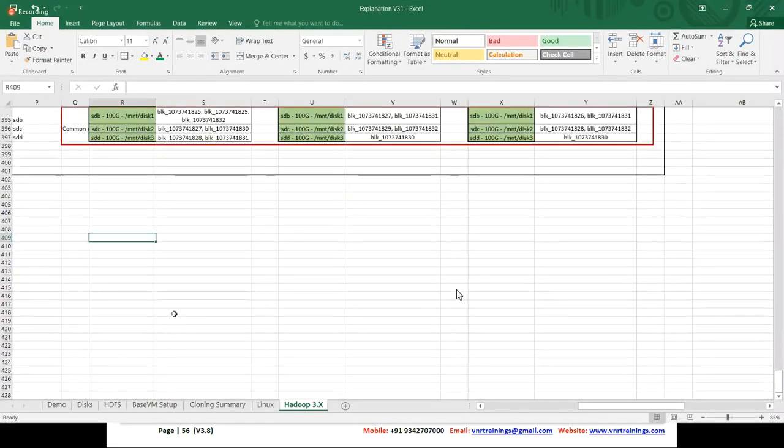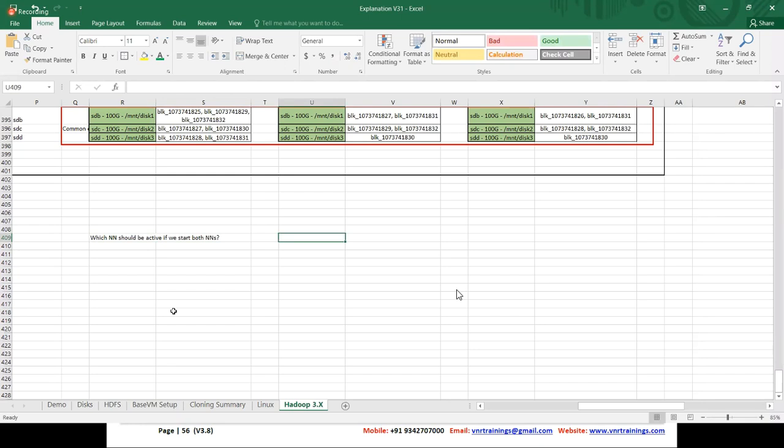What is the first problem? When we start both the nodes, which name node should be active? This is the first question. Yes or no, guys?